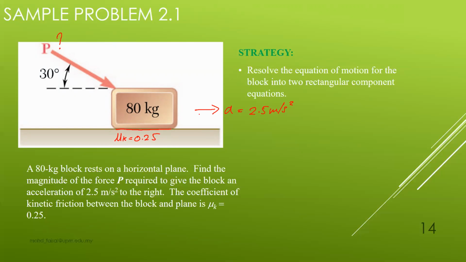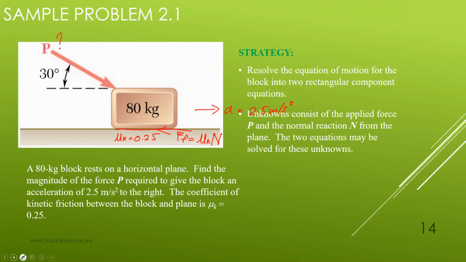This item is going to the right, and therefore we know that friction will always be in the reverse direction of the motion. So it is your friction force, Ff, which is equal to mu k times N. We will look into that more clearly later.